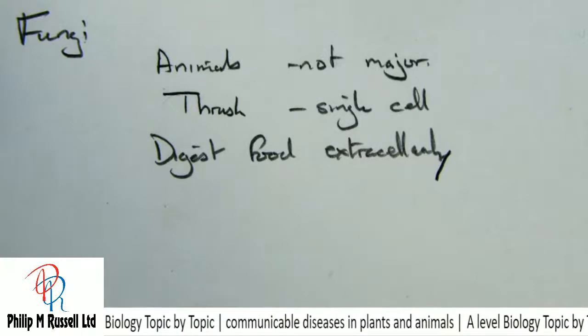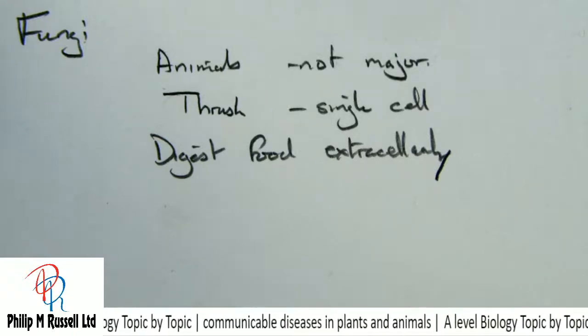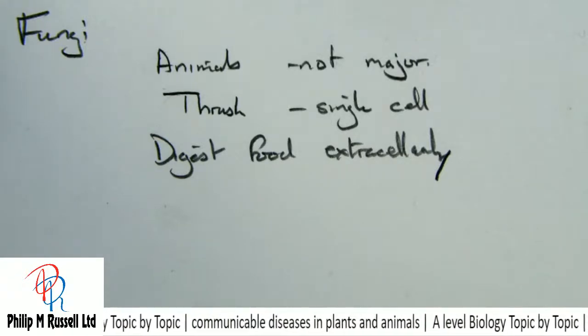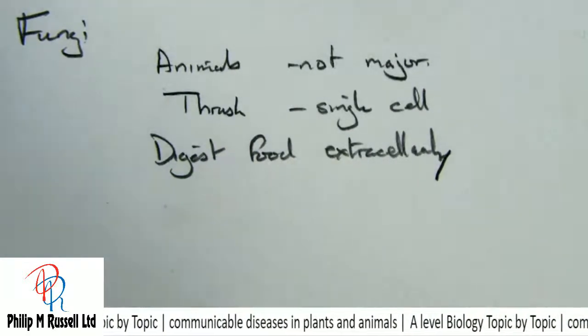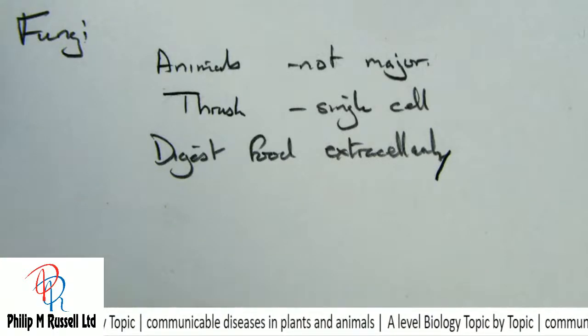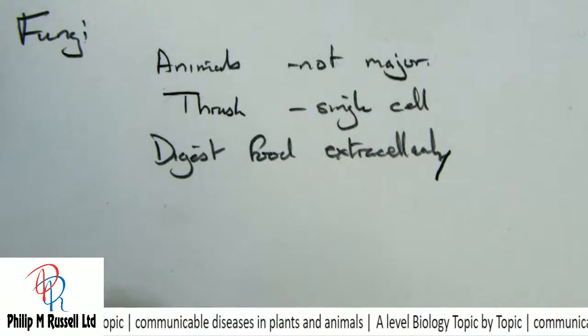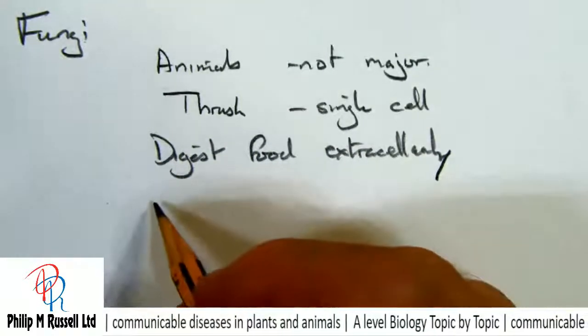Generally, most fungi are saprophytes. They feed on dead and decaying matter, but some are parasitic, such as thrush, feeding on living organisms. Fungi are really, however, devastating on plants.